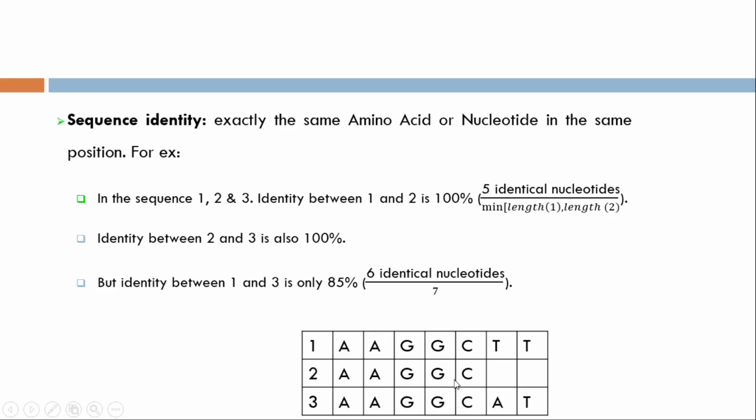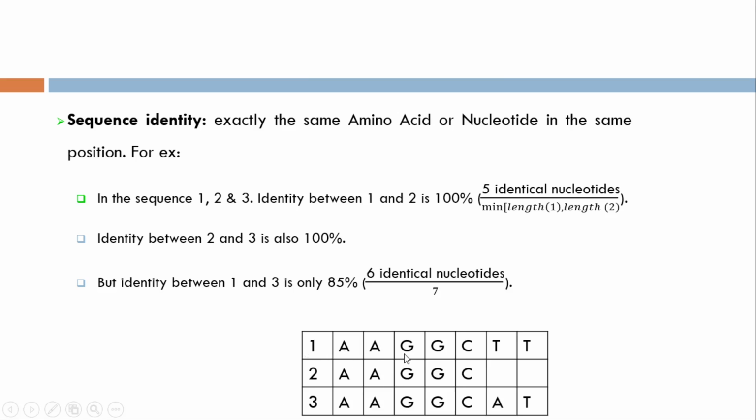If I want to calculate the identity between sequence number 1 and sequence number 2, and suppose this is what I got after the alignment, just focus on sequence number 1 and 2. The formula to calculate the identity between these two sequences is very simple. First, you have to find out how many actual identities both sequences share.